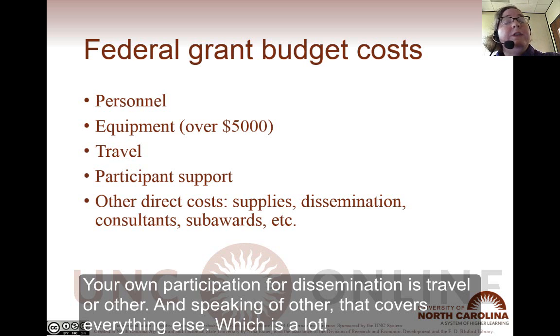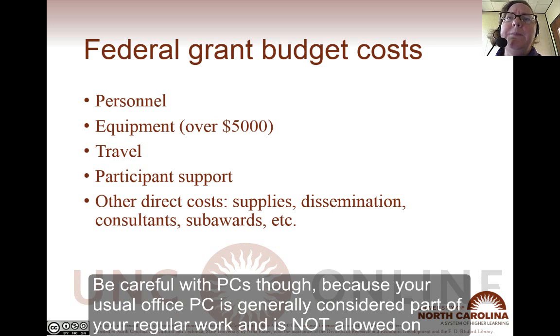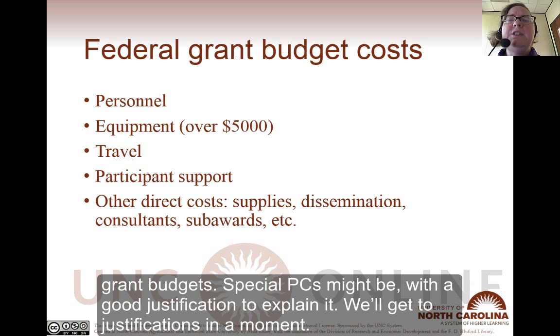Speaking of other, that covers everything else, which is a lot. I mentioned supplies and material, anything that runs out, even if it runs out in a few years, like a PC. Be careful with PCs, though, because your usual office PC is generally considered part of your regular work and is not allowed on grant budgets. Special PCs might be with a good justification to explain it, and we'll get to justifications in a moment.